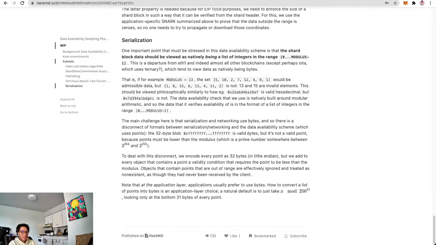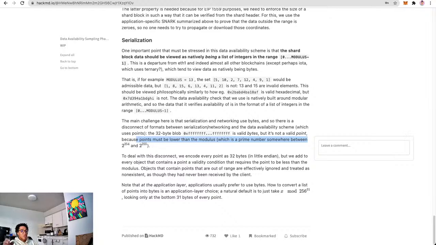The 32-byte blob, 0x followed by a bunch of f's, is valid bytes, but is not a valid point because points must be lower than the modulus, which is a prime number somewhere between 2 to the power of 254 and 2 to the power of 255.